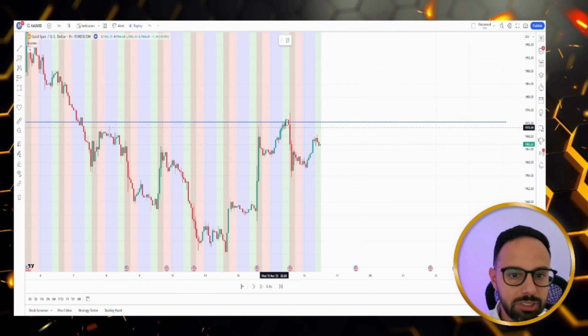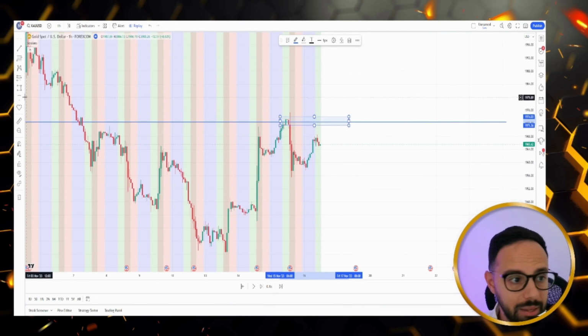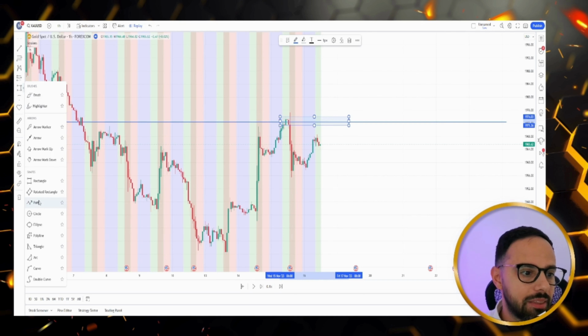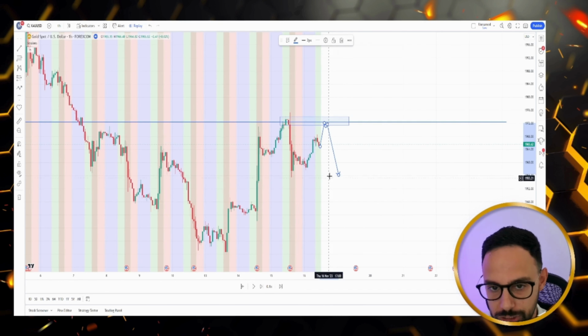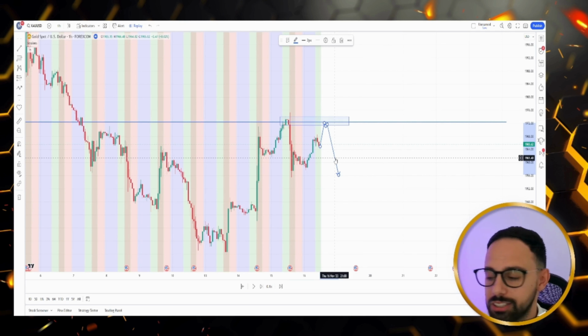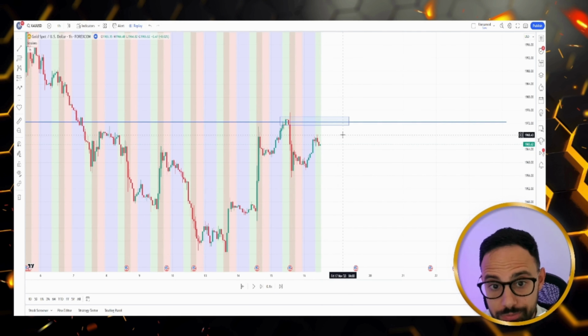Many SMC traders who trade on the hourly will be looking to enter a sell here when price comes back, in the hope that they will get an entry and it will take them down to a TP somewhere in this region. Okay, this is what general SMC teaches you.